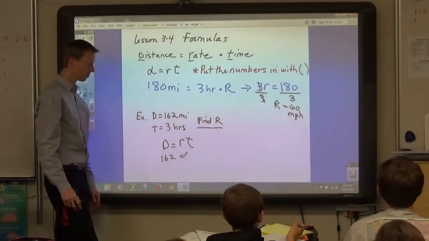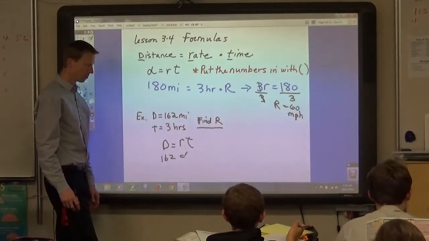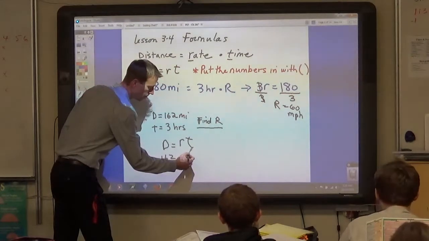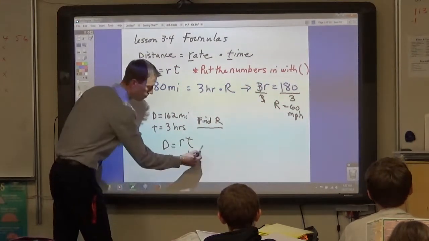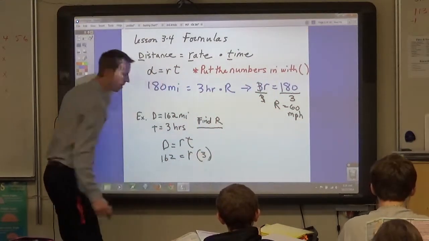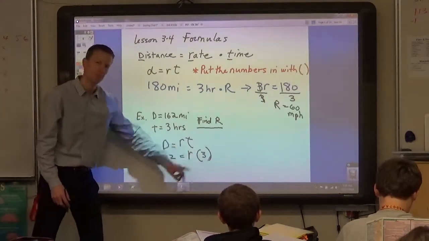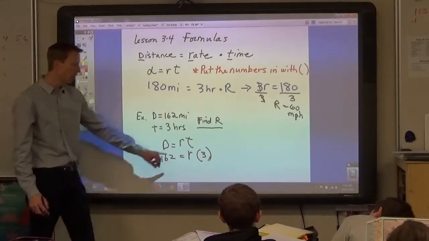And then you would put r, and then in parentheses you put 3 next to it. And under the 162 you put, what does this mean? That means multiply. Yep.